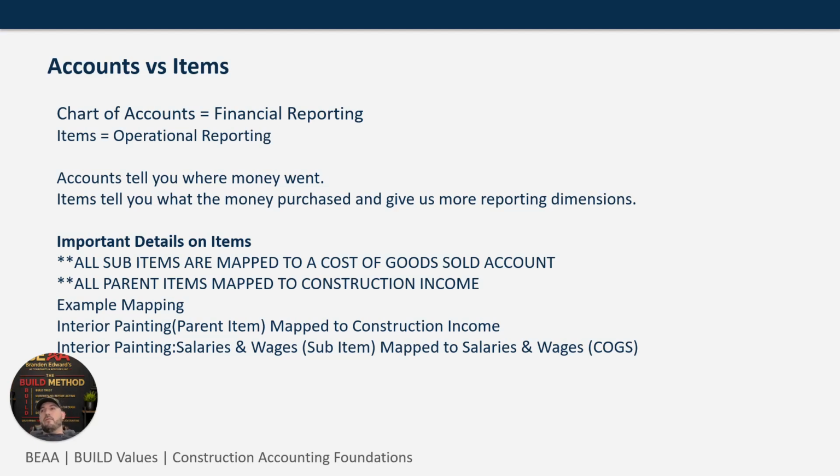And the driver of this operational reporting is items, right? I'm going to look at my profit and loss by job profitability detail. Why? Because it's going to tell me more information about my operations. It's going to show me how much I've spent on subcontractors, purchase material, salaries and wages for shell, right?